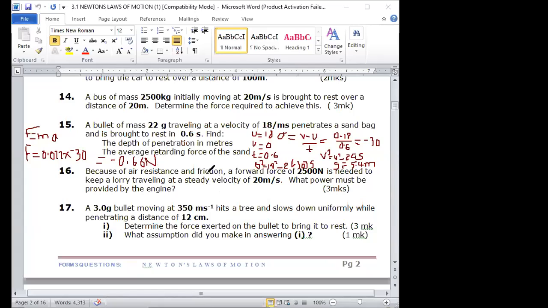Because of air resistance and friction, a force of 2,500 newtons is needed to keep the lorry traveling at a steady speed of 20 meters per second. What power must be provided by the engine? Work out the calculation. Find the power that should be provided by the engine. Work it out.